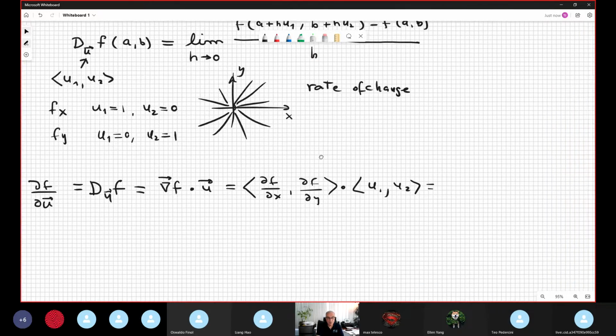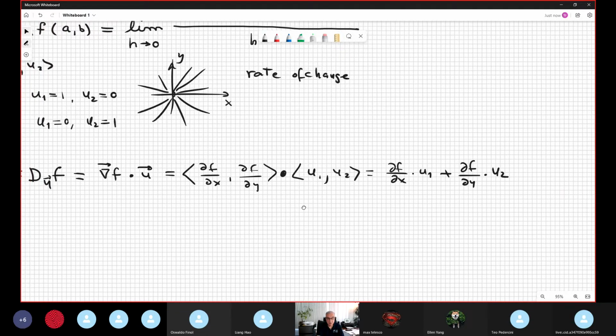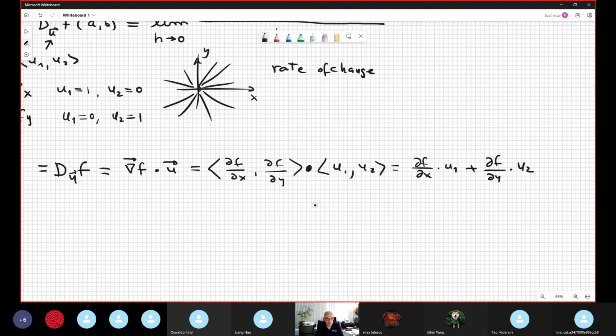When you perform the dot product, by definition it is the partial derivative of f with respect to x multiplied by u1, regular multiplication, plus the partial derivative of f with respect to y multiplied by u2. Okay, so I prefer either way. That formula is okay. The dot product is one compact way to memorize all this. It's the same.